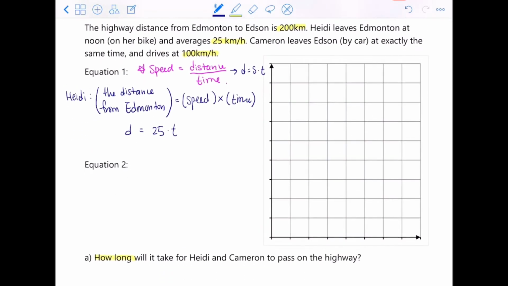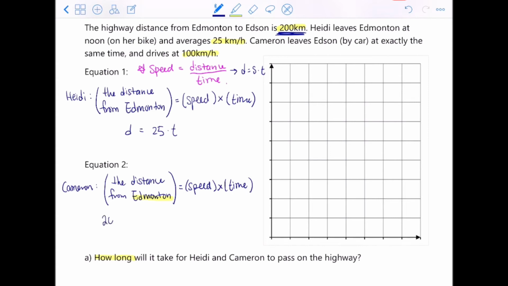Now this time we want to write an equation for Cameron. So same setup for Cameron, we have the distance from Edmonton, and this equals speed times time. So notice that this is distance from Edmonton. This time we do have to take into account that we are given the total distance from Edmonton to Edson is 200 kilometers.